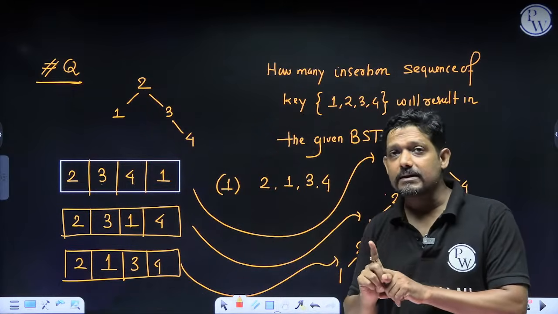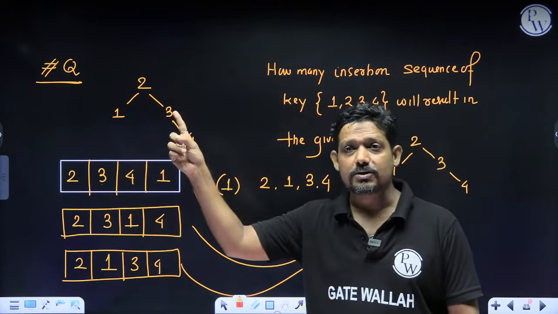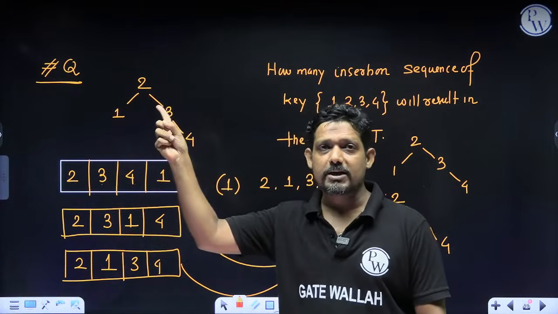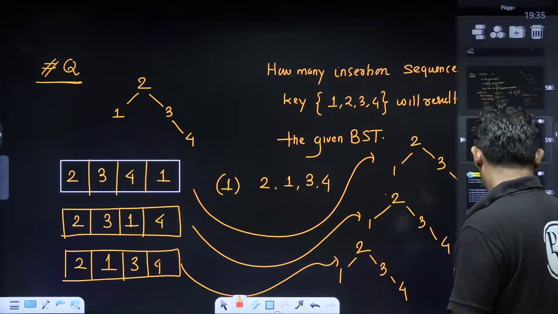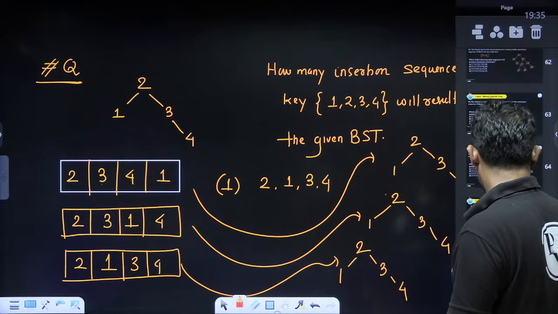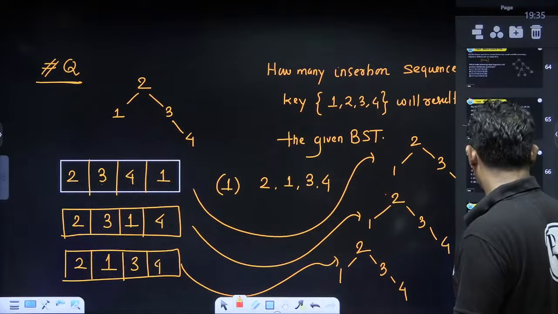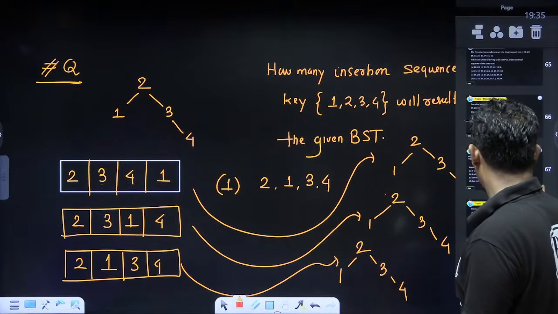What is the dependency? 3 must be inserted first, followed by 4. So can you answer whether it is satisfying the dependency?